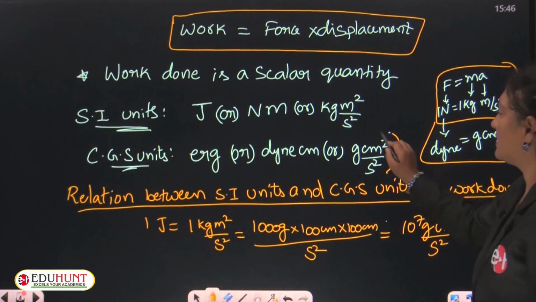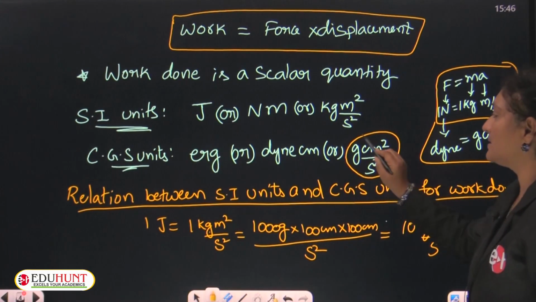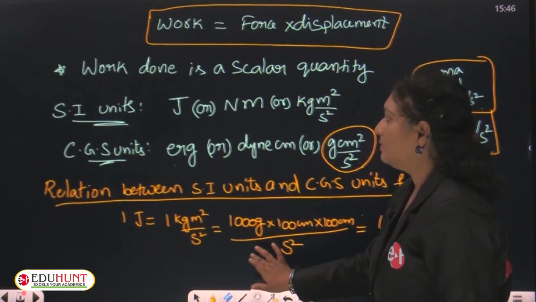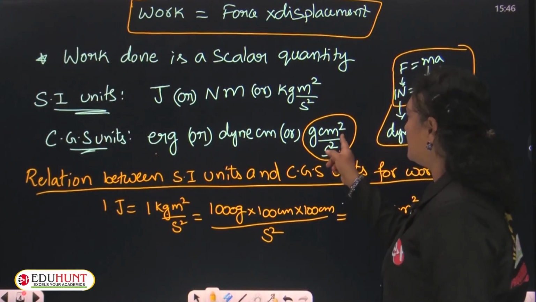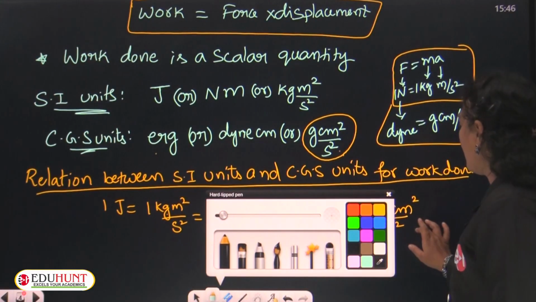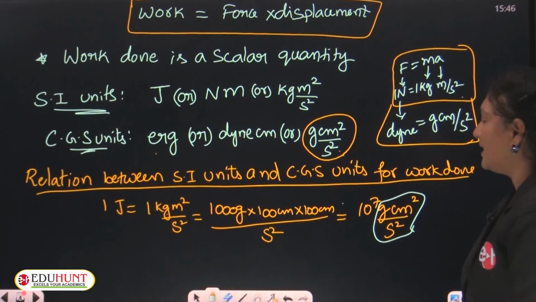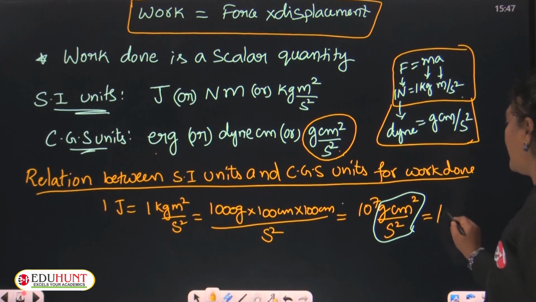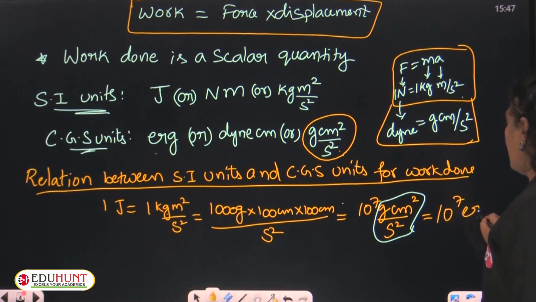But we know that gram centimeter square per second square can also be written as erg. So what is that value, children? Gram centimeter square per second square can also be considered as erg. Hence, the value will be equal to 10 power 7 erg.